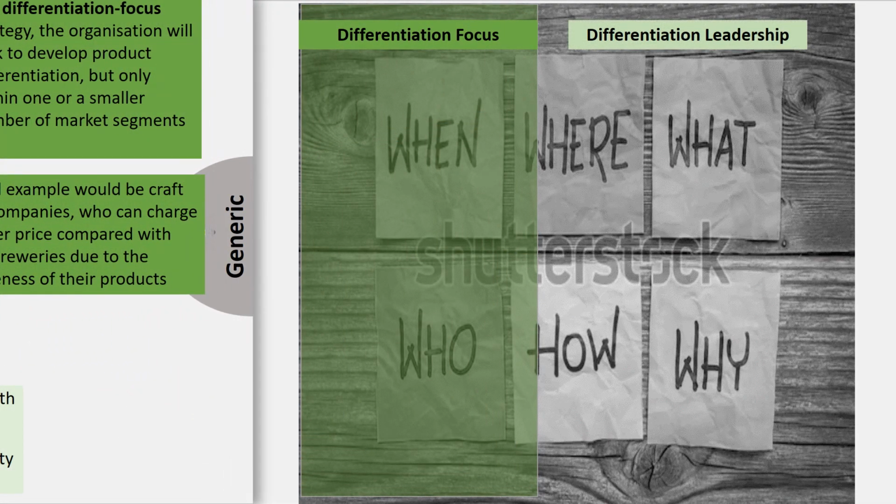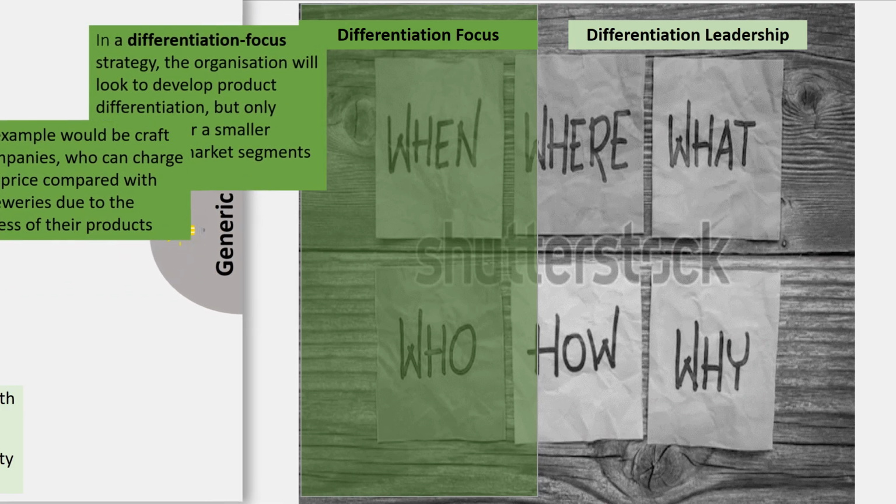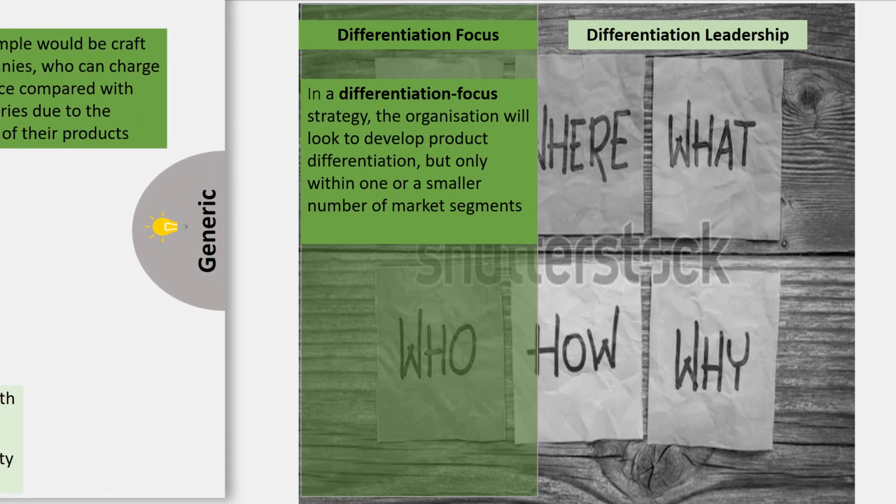So what about the other areas in Porter's generic strategy? We have differentiation focus and differentiation leadership. In a differentiation focus strategy, the organization will look to develop a product differentiation, but only with one or a smaller number of market segments.